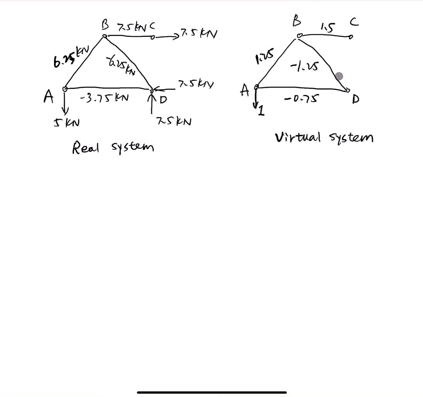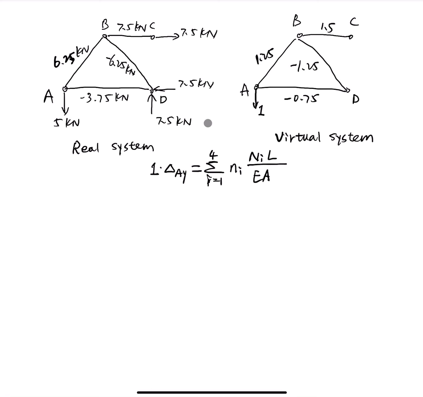Then we need to apply the method of virtual work. We write down the equation of the method of virtual work for the truss structure as shown here: the summation over i from 1 to 4 of small n_i, the virtual member force, capital N_i, the real member force, L, the length of the member, over Young's modulus E and the area A of the member.